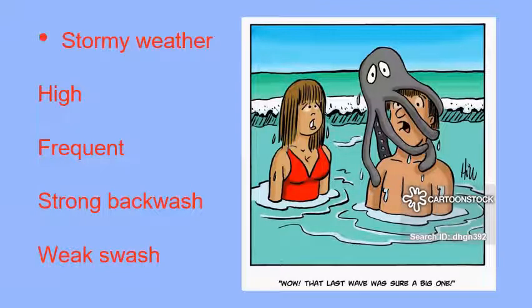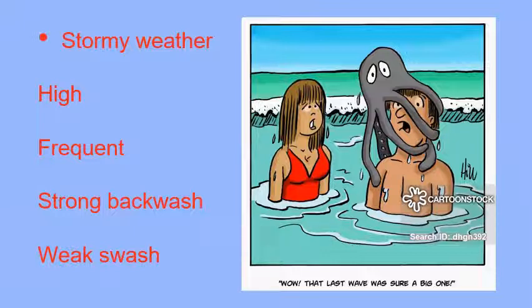Right, let's relate all of this to destructive waves. Remember the destructive waves? We looked at that photograph where we saw very, very high, powerful waves. So destructive waves tend to occur during stormy weather, and this causes the waves to be very high.